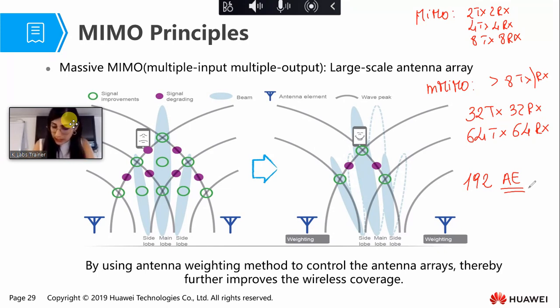As is shown in this slide, if we don't use massive MIMO, we cannot weight our antenna, so we cannot direct the beam of our antenna toward the user. But with beam forming, we can weight our signal and direct the beam toward our user equipment, improving the user experience.